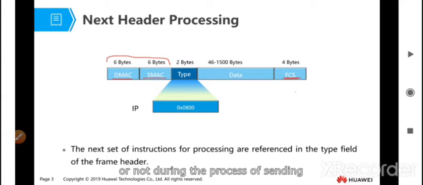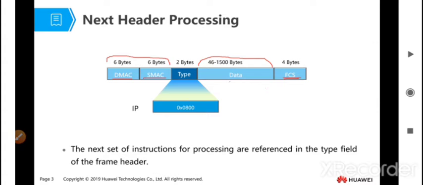And then, as we know, the data represents the layer 3 protocol. In layer 3 there are many different types, such as IP, IPX, and others such as ARP, and so on.